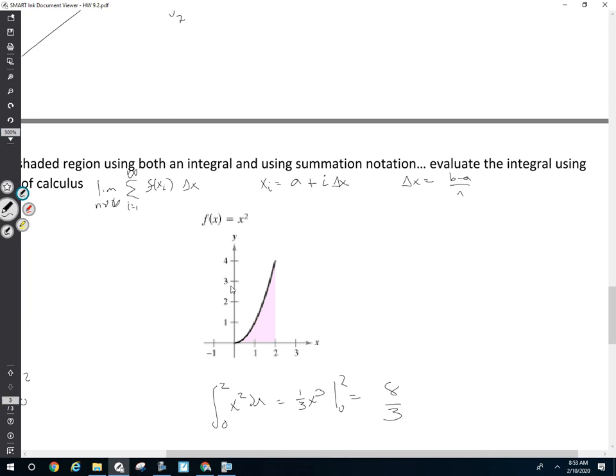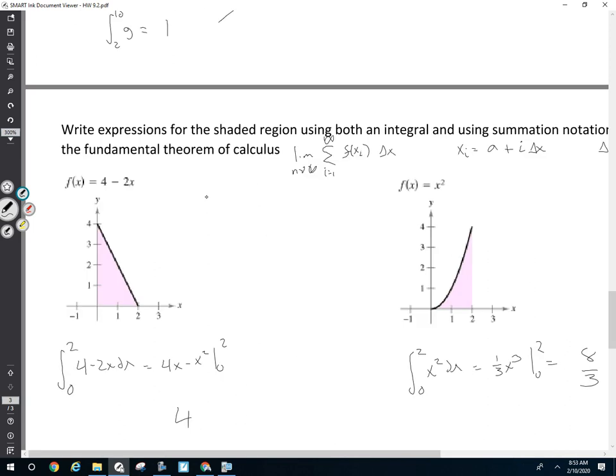Okay? So I'm going to start off, and I'm going to say, limit as n approaches infinity of the sum i starts from 1 goes to n of f of a plus i delta x. a is 0. Delta x is 2 over n.